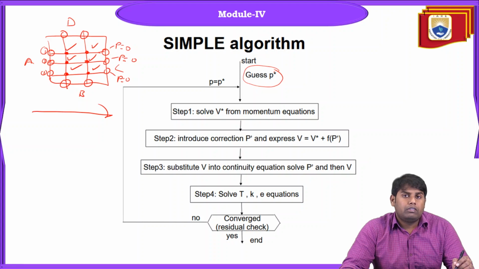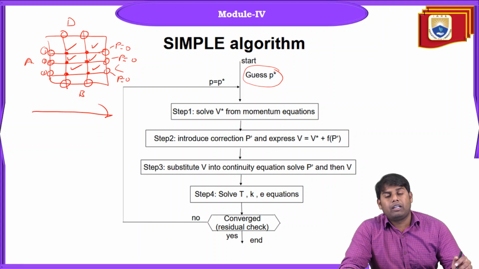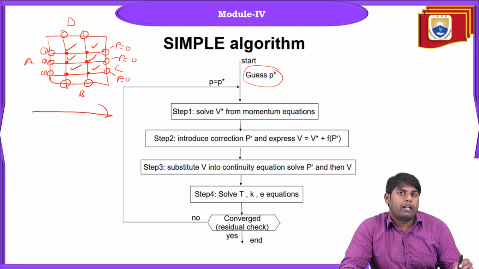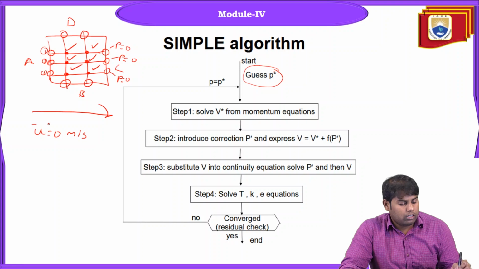We have different types of boundary conditions, which we have discussed, but let us recall: the Dirichlet boundary condition, the Neumann boundary condition, and the mixed boundary condition. Dirichlet means, let's say, you give u equal to 0 meter per second at the wall.